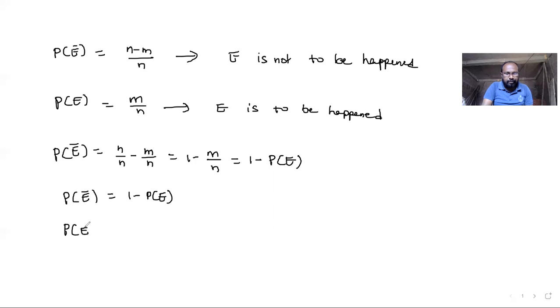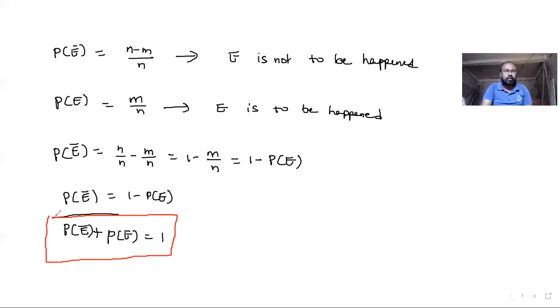That means P of E bar plus P of E is equal to 1. So finally we can conclude here, total probability of an event is 1.